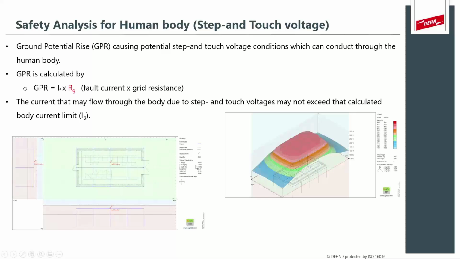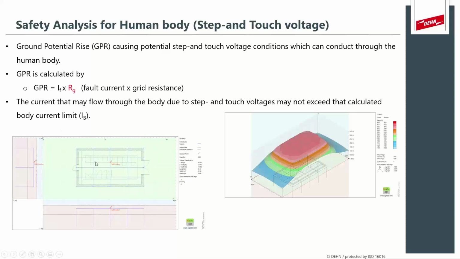And the ground potential rise is calculated in a basic or simplified manner, like Ohm's law, where the ground potential rise in volts is the fault current magnitude multiplied by the grid resistance. Now, the grid resistance is highlighted in red in this case because the grid resistance is dependent on a lot of different factors, like the shape of the earth grid, the soil conditions in the soil model, and so on, which we will discuss next as well.